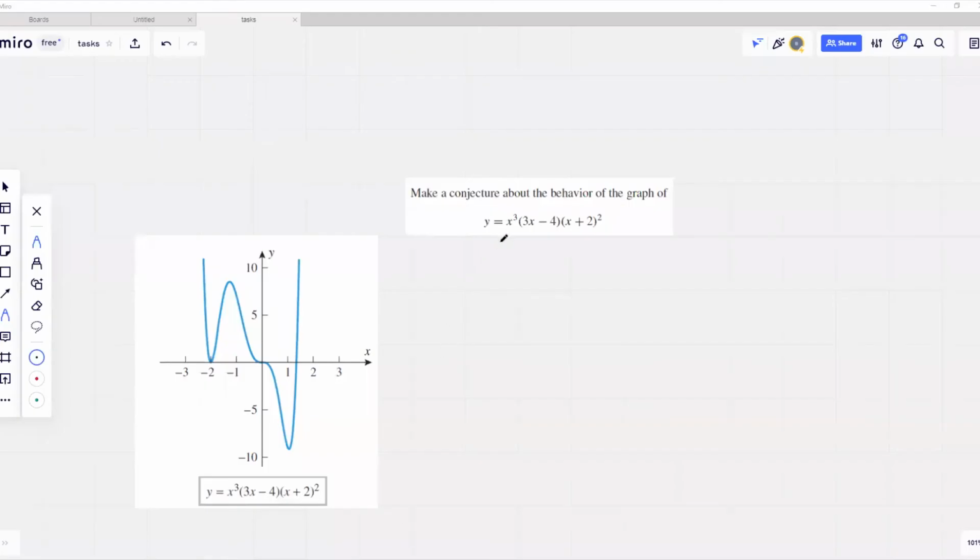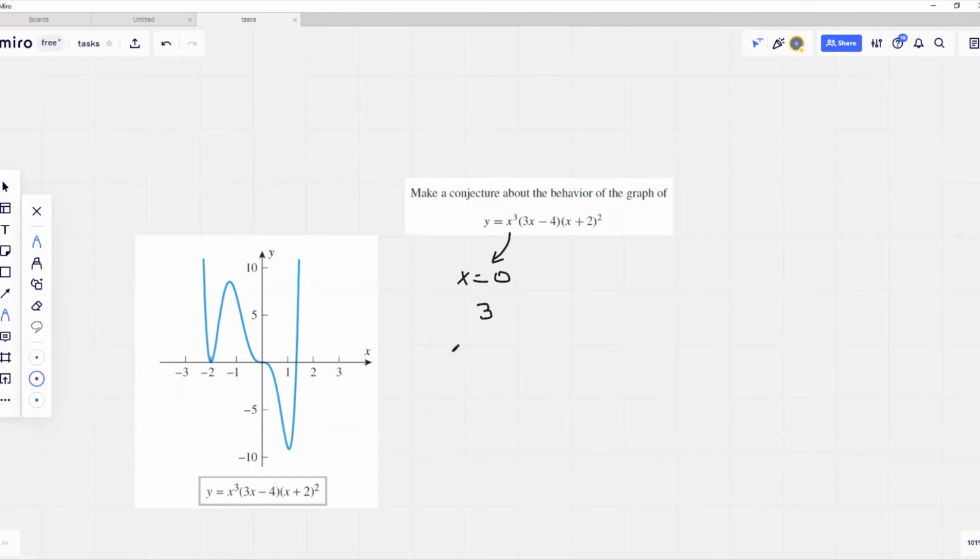Let's study the multiplicity of roots of the following polynomial, and let's make conjectures about the behavior of this polynomial near its roots. So we can see that x equals 0 has odd multiplicity greater than 1, meaning that our function is going to cross the x-axis at x equals 0, and the concavity will change here.